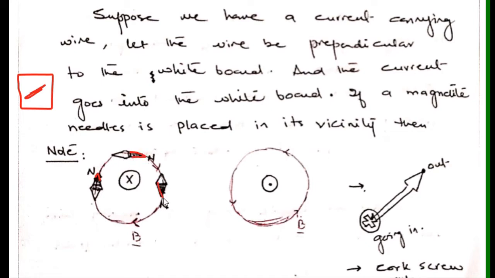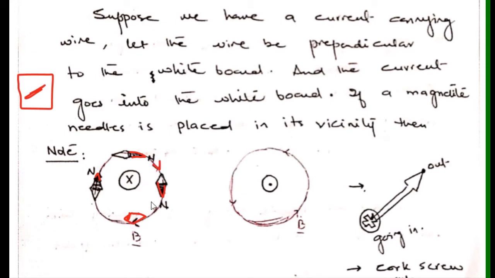If I place it over here, it will point in this direction, and so on. In this case, it will point in this direction. So I can draw a circle originating from the north pole, and it is going in this direction, that is, in the clockwise direction.